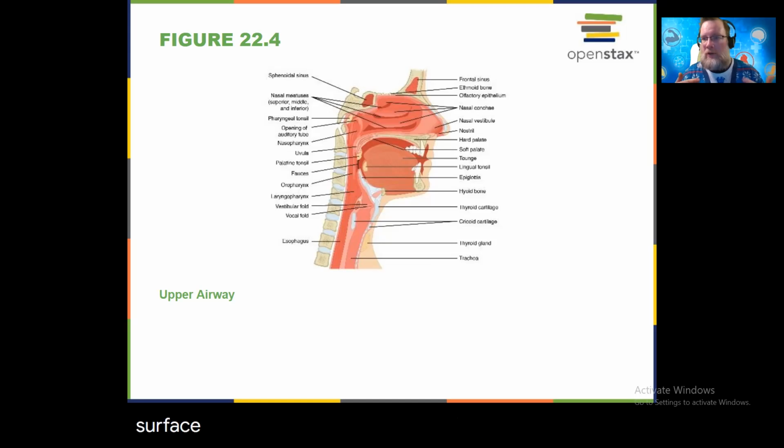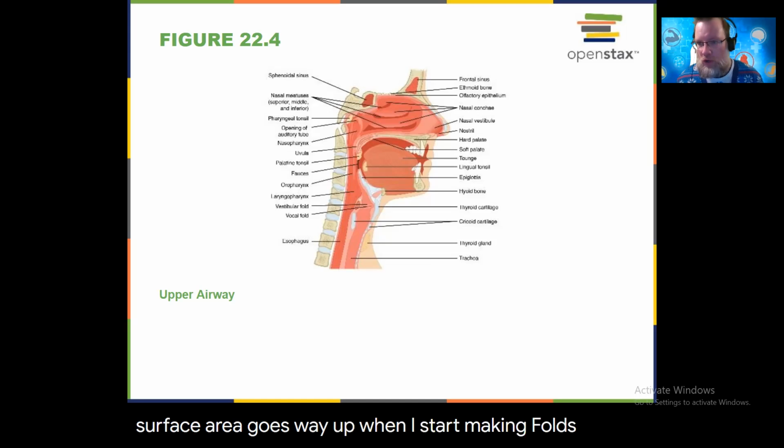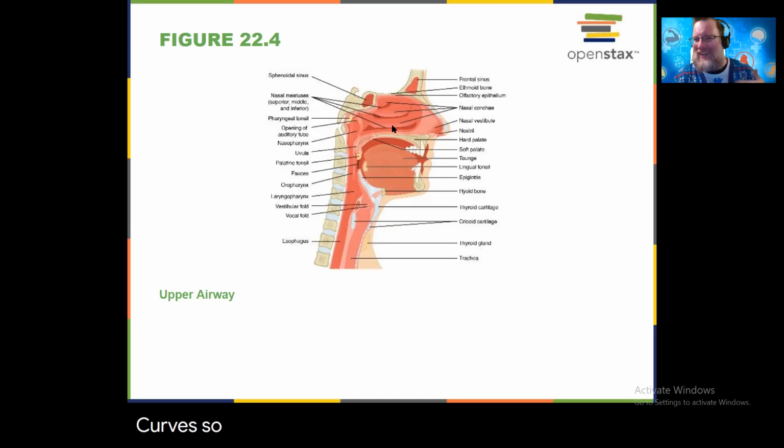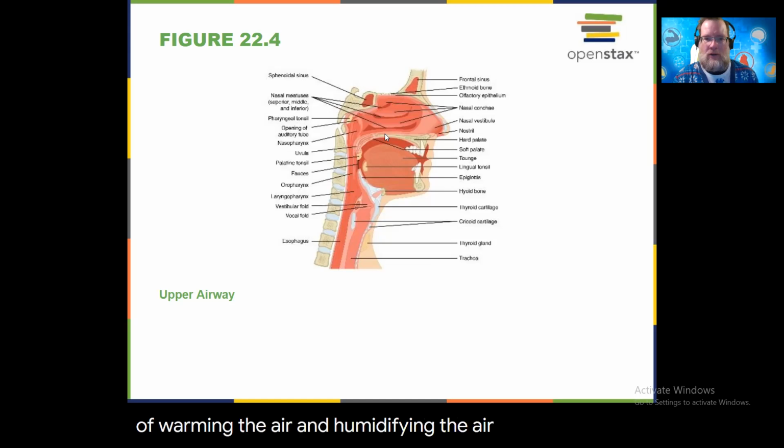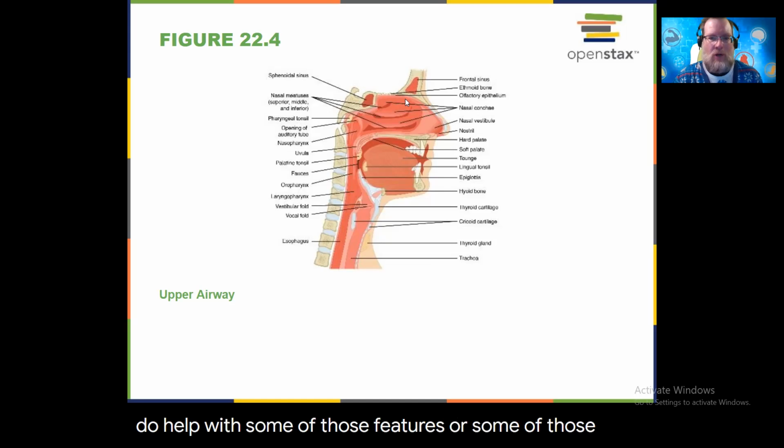So surface area goes way up when I start making folds or curves. So we need more surface area in the nasal cavity so we can do a better job of filtration, do a better job of warming the air and humidifying the air. So those conchae do help with some of those processes.